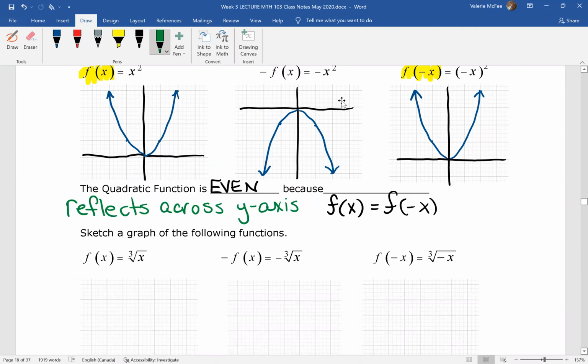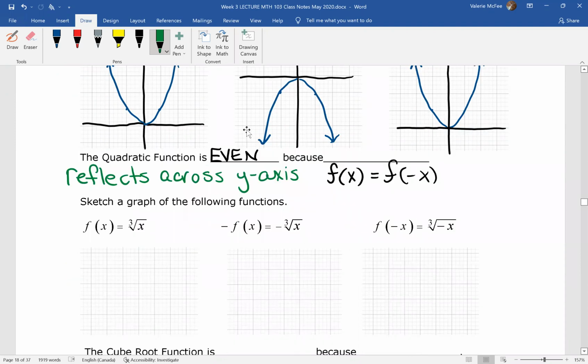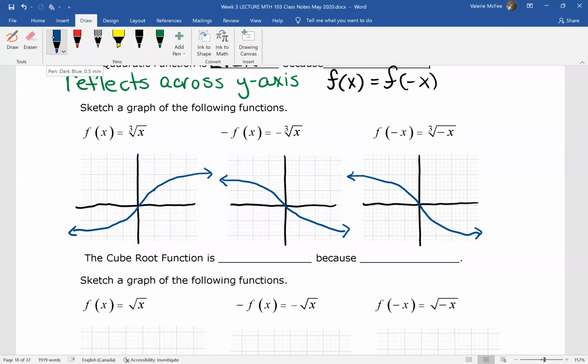Another set of graphs I would like you to do. Can you sketch those, please? What do we notice this time? We notice that the graph of negative f of x is the same as the graph of f of negative x.